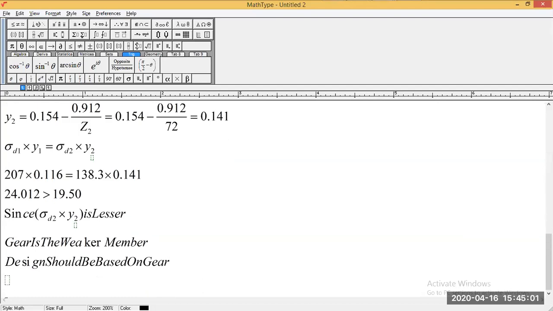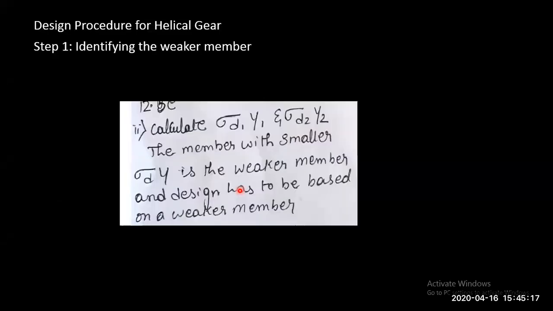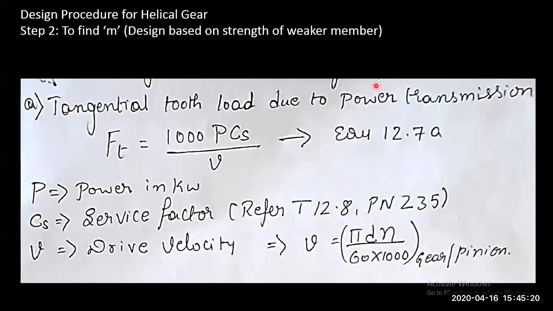All dimensions should be on basis of gear. Okay, so let's start with step 2. What is step 2? Let's go back to PPT. This is step 1, and this is done. Step 2 is we need to find the module M or Mn, whichever the formula suits.